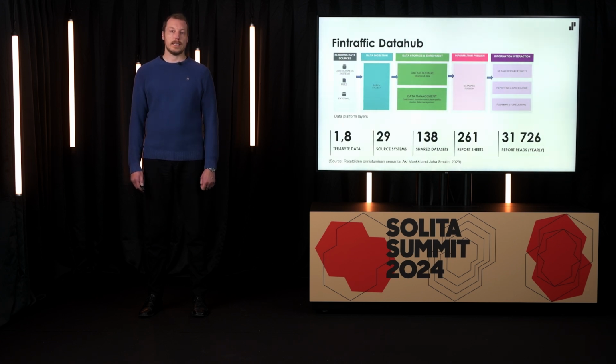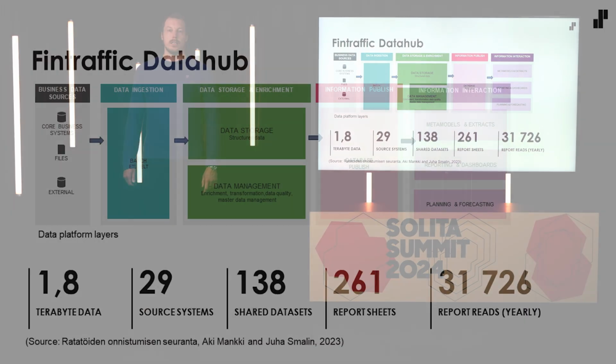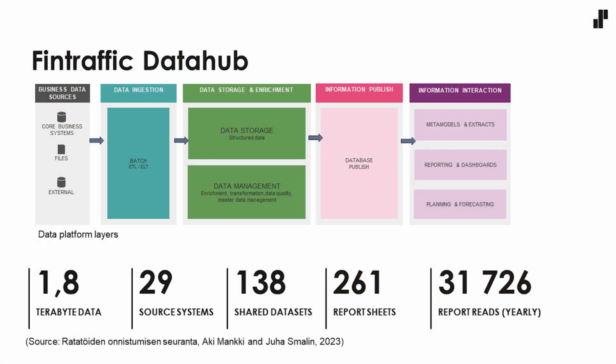Before I go to statistics on our platform, I need to explain the data platform layers to you so that you will understand the complexity and volume of a data platform. So, in a typical data platform there are layers where you extract data from source systems, then you store it in the ingestion area so that it's available in your data platform. From that, you store it in the data storage and enrichment area.